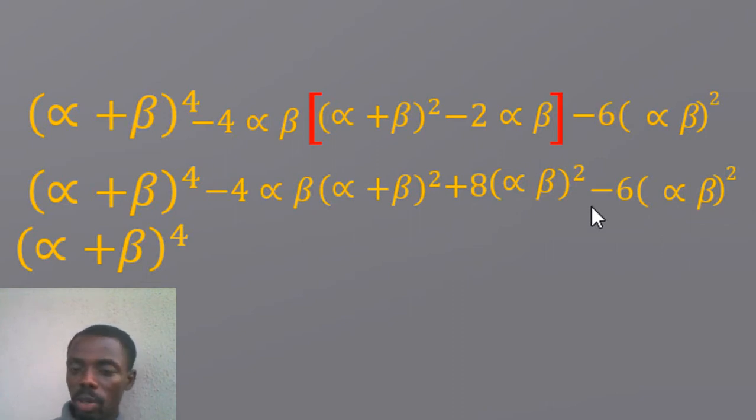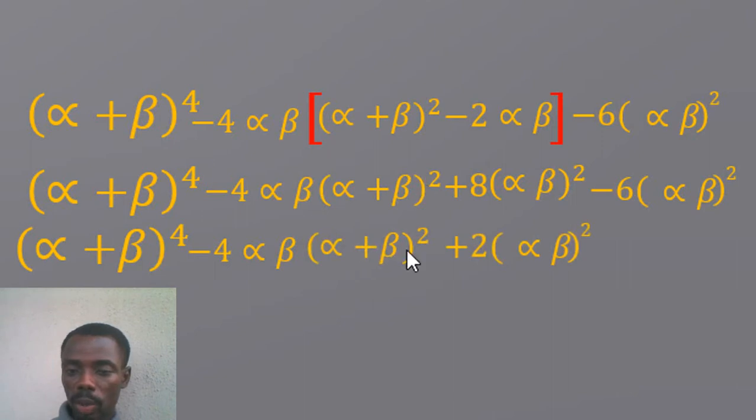Of course, they are two values of the same terms. So I can add or subtract them. So I'm having minus 4 alpha beta, then alpha plus beta squared. So from plus 8 and minus 6 of this term, alpha beta squared, plus 8 alpha beta squared, minus 6 alpha beta squared, I can get plus 2 alpha beta squared. I know you agree with me. And I've not committed any crime. Okay? I've followed every rule that is well clear to you.